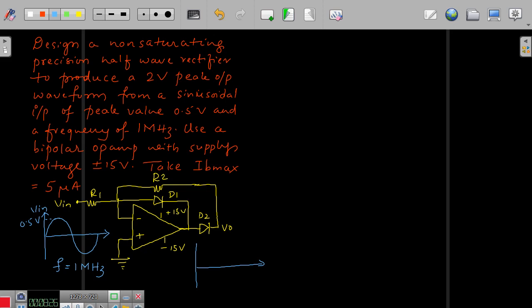Since it is an inverting type, you would have the output during this half cycle. This is V0 and its peak value is 2 volts. This is what you are supposed to observe here.